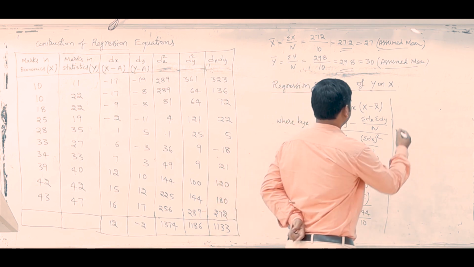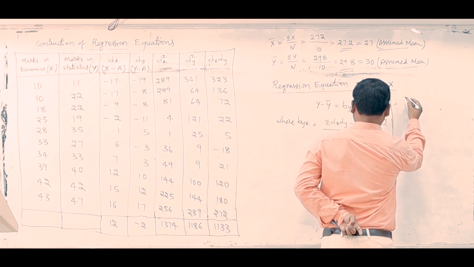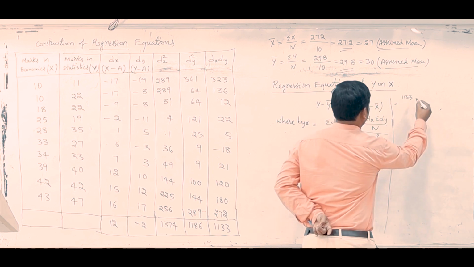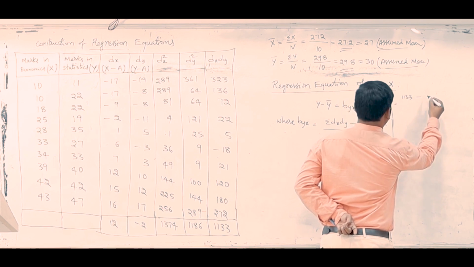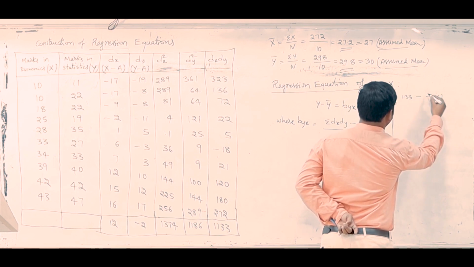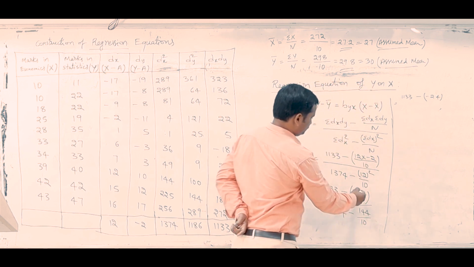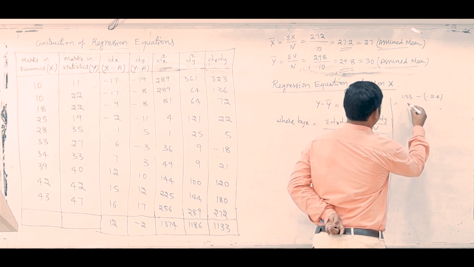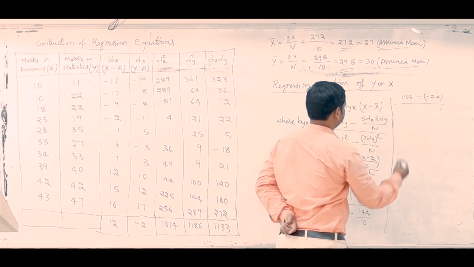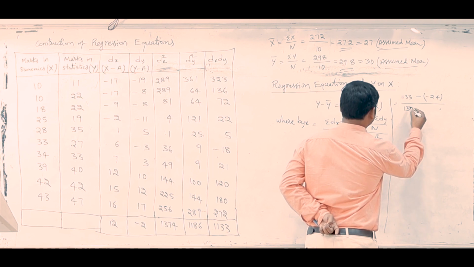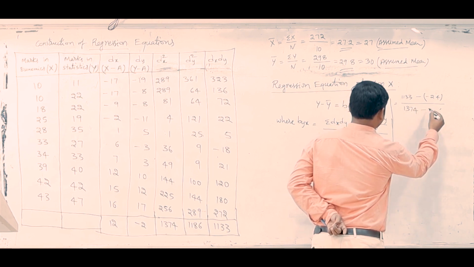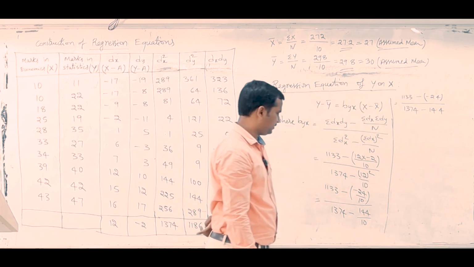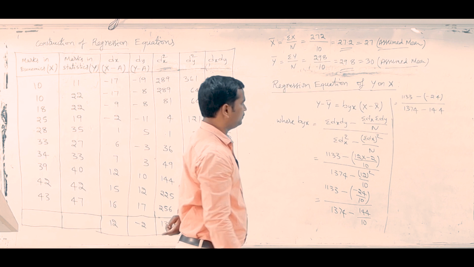So if you continue this, it will be 1133 minus, it will be minus 2.4. So here 24 by minus 24 by 10, it will be minus 2.4, divided by 1374 minus 14.4. Here 144 by 10 means it will be 14.4.